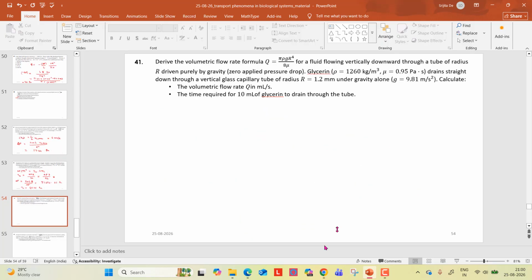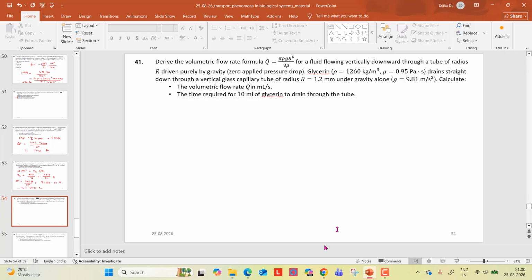Next, derive the volumetric flow rate formula for a fluid flowing vertically downward through a tube of radius r driven purely by gravity. Okay. So here I am just telling you what you need to do. You calculate yourself.